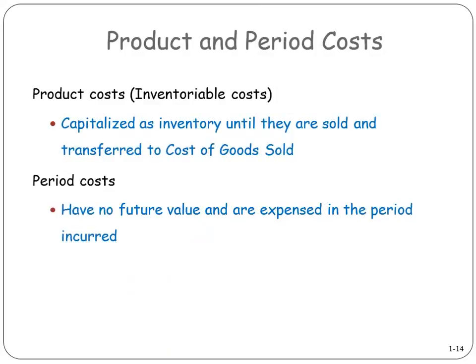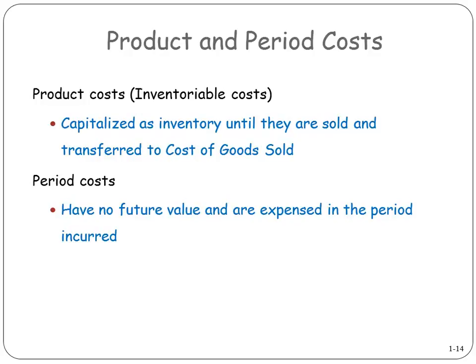Product and period costs. Remember this? You guys should remember this. Product costs are those costs that are specifically related to the creation of the product. They become capitalized as they are incurred into inventory, and they become an expense as goods are sold, as cost of goods sold.